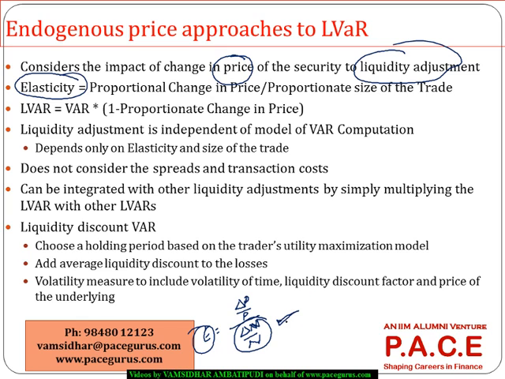Even if the size of the trade is very high, the price may not change that drastically for some securities which are very actively traded. In those cases, the elasticity is much lower. Whereas even if the size is slightly lesser, if we see a big change in the price for a particular security, then the elasticity will be higher. In general, the price change will be negative and the trade size positive, so elasticity always comes out negative.